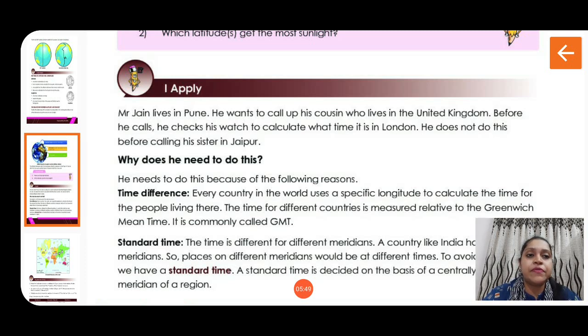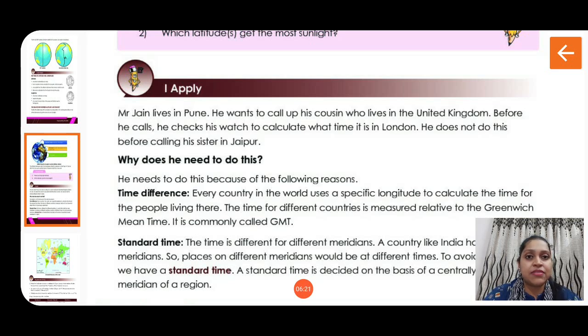The time for different countries is measured in accordance with the Greenwich Mean Time, commonly called GMT. Now Greenwich Mean Time is the time which is followed by people all over the world, because Greenwich, you know, it's the longitude.